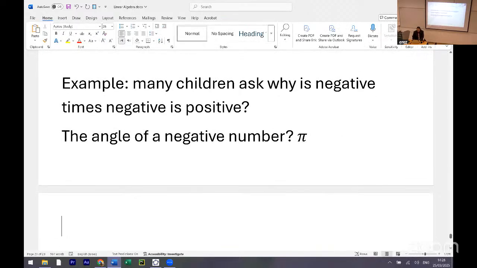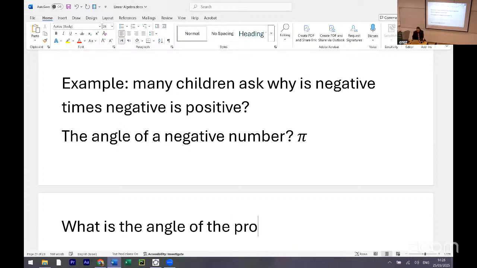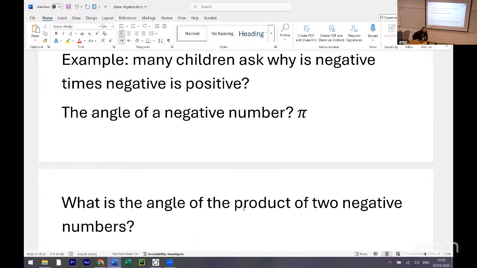So if we multiply two negative numbers, what is the angle of the product of two negative numbers? One negative number, its angle is pi. The second negative number, its angle is also pi.